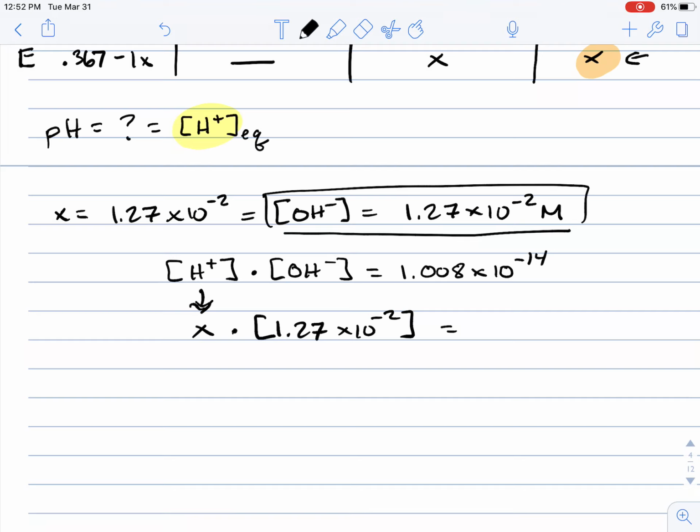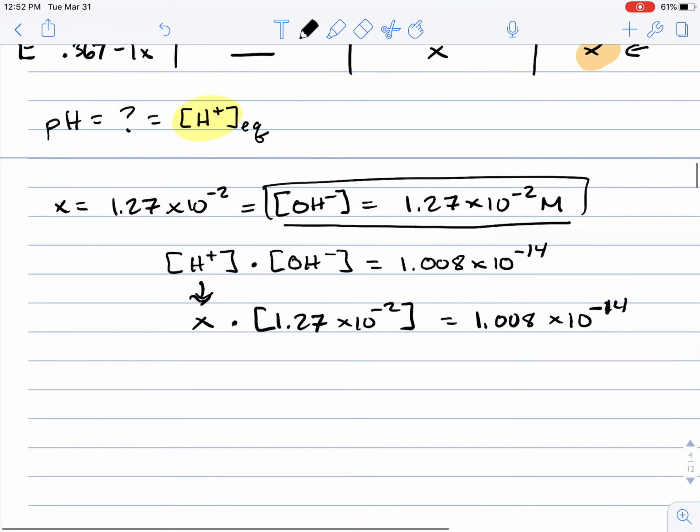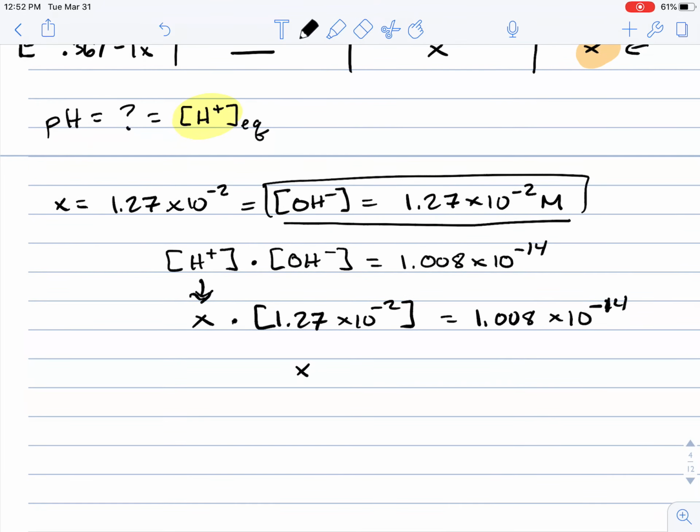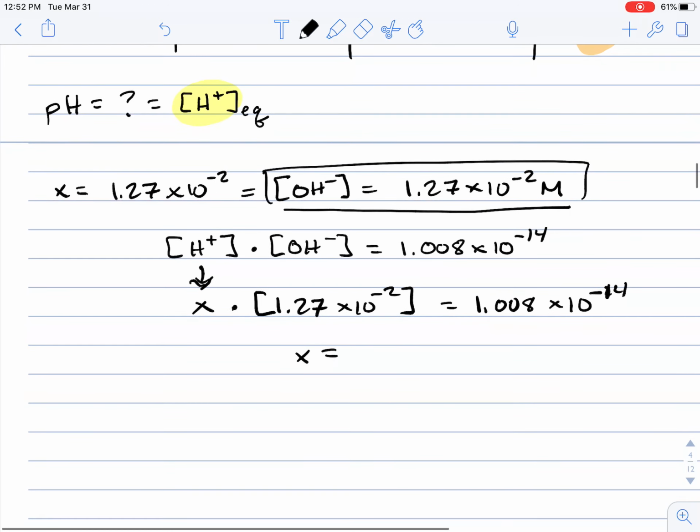And that's going to equal 1.008 times 10 to the negative 14. When you solve for X, or in this case H+, hold on real quick, let me calculate that. Where's my calculator?